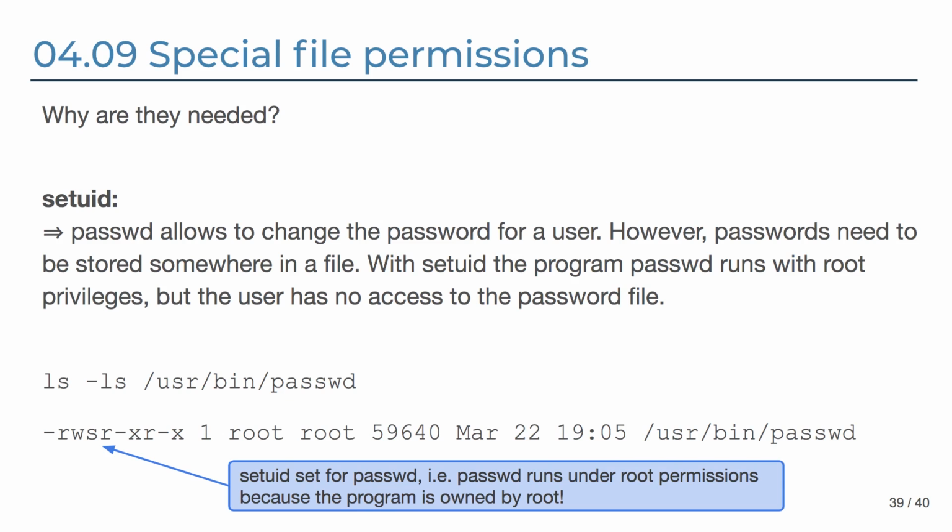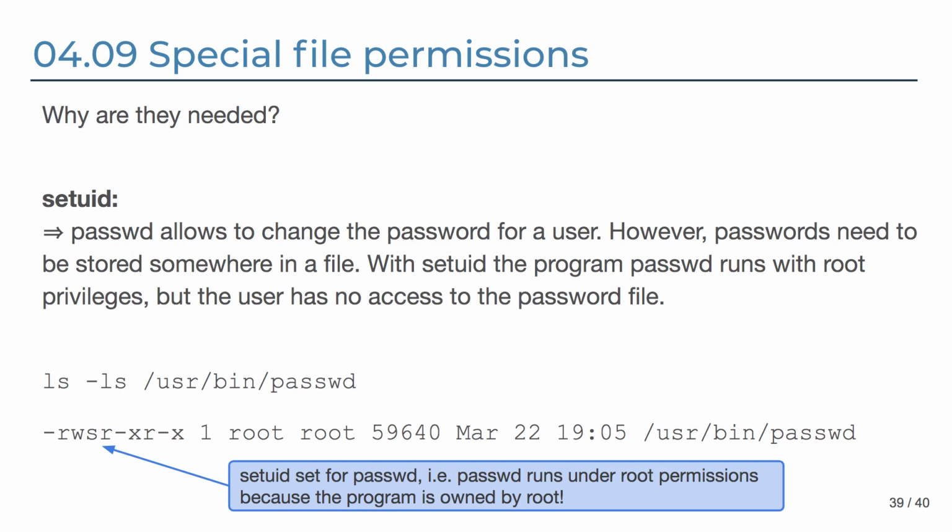For the set user ID, there's another problem, and that's when it comes to passwords. The passwords need to be stored somewhere, so there is a password file on any machine or cluster. However, it's not a great idea, if you want to change your password, to always mail your admin, please change my password for me, because I just forgot it for the 50th time.